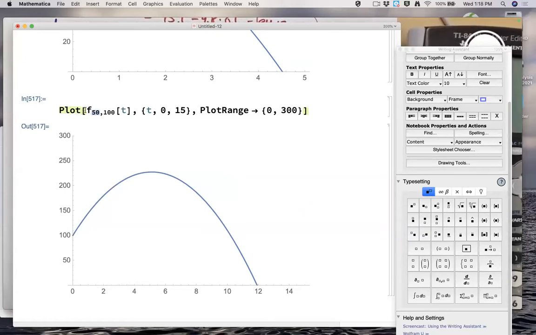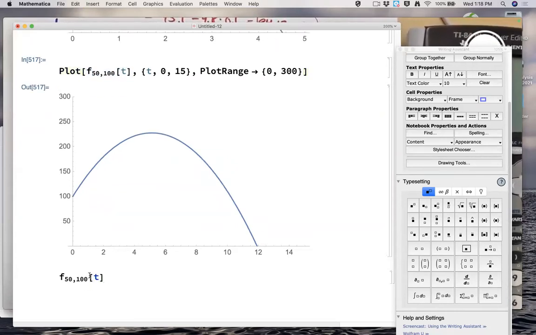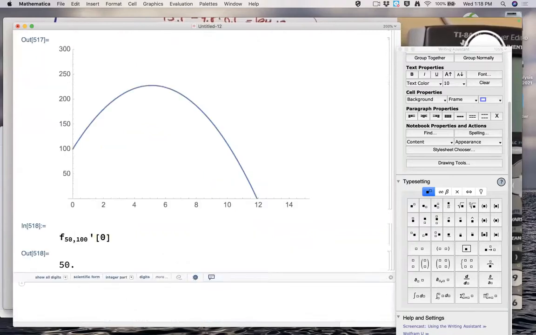Here's a quick way to do it. Let me copy and paste this function name down here. Let me put a prime in here standing for derivative, and let me replace t with 0. 50. That is the derivative. That's the velocity at time 0, the instantaneous velocity. Mathematica computed the derivative for me, and then I had it plug in 0.